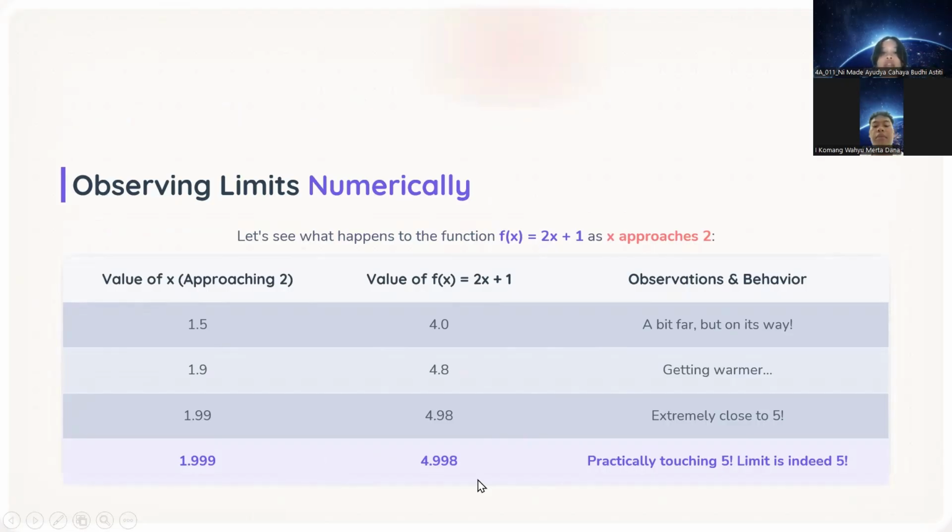Therefore, we say that the limit is 5. Even before x becomes exactly 2, the value is already very close to 5. That's correct, Wahyu. This is why limits are often described as the value that a function approaches.